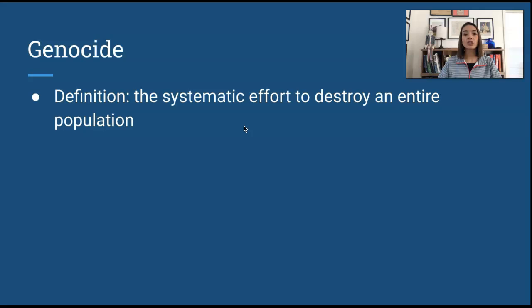There are actions taken to get rid of an entire population. And it doesn't always start out as a killing action. Sometimes it is removal of a group of people. Sometimes it is taking away their rights and freedoms, and then those actions build up to the getting rid of, the killing of an entire population.